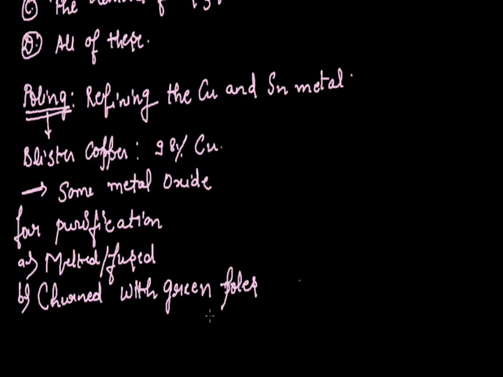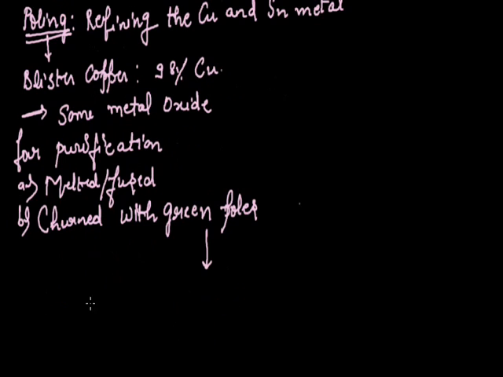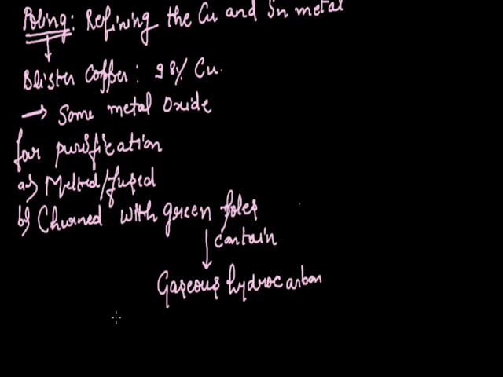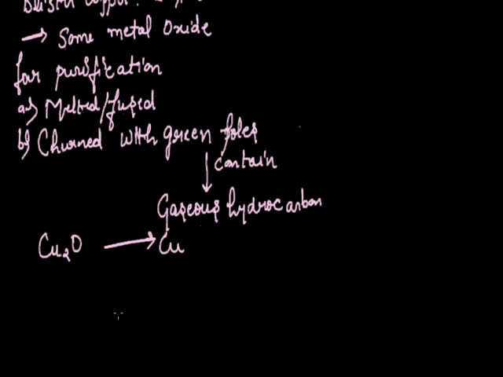This green coal contains gaseous hydrocarbon. Now, what is the function of this gaseous hydrocarbon? This gaseous hydrocarbon reduces the Cu2O into Cu. So, here we have the copper by removing its oxides.